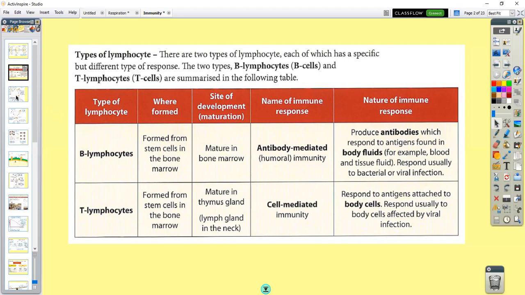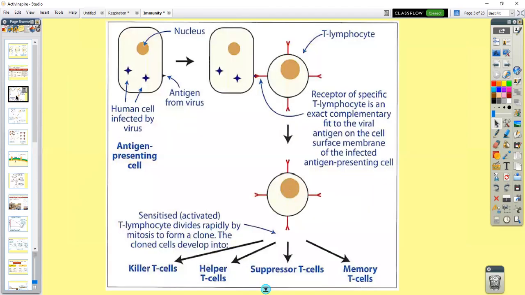Okay, these two types of lymphocytes respond in different ways. So we talk about the lymphocyte being activated. Okay, if you think here is a cell which has been infected by a virus. So there are the viruses within the cell. Those cells will offer up generally one of the spikes that you find on the outside of the virus, at the cell surface membrane.